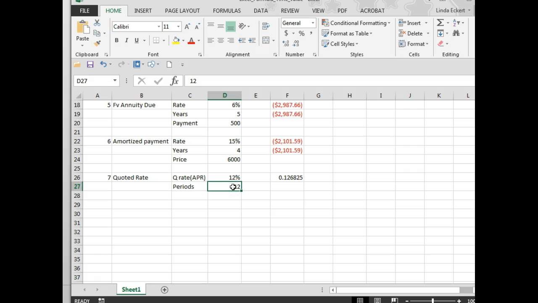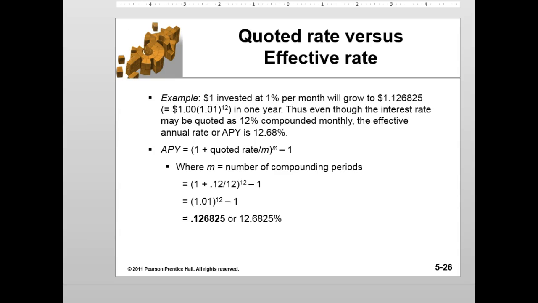If I change that to 2, my effective yield would be 12.36% instead of 12.68%. So you can see, then you can play with this. This is your formula. You just plug it right in here using the exponent. So that's very nice, and it's much quicker, and you can play around more with it.